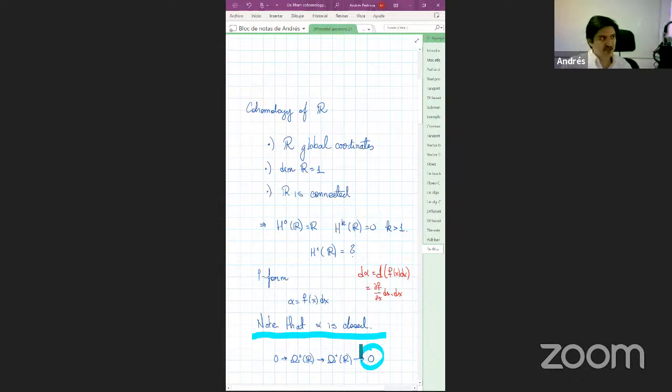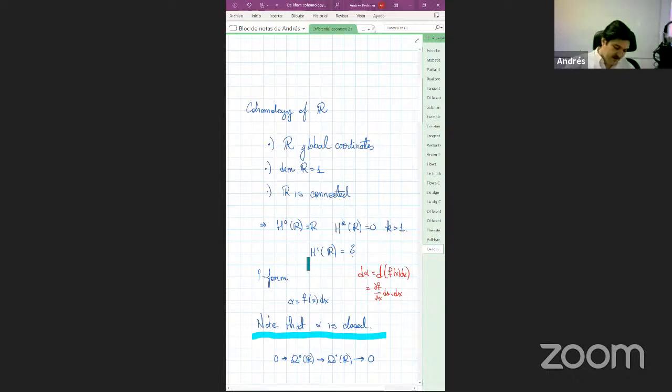By dimension reasons, alpha is a 1 form, this is a 2 form, and by dimension reasons, it has to be 0. Okay? Great. So any one form is closed. Okay?